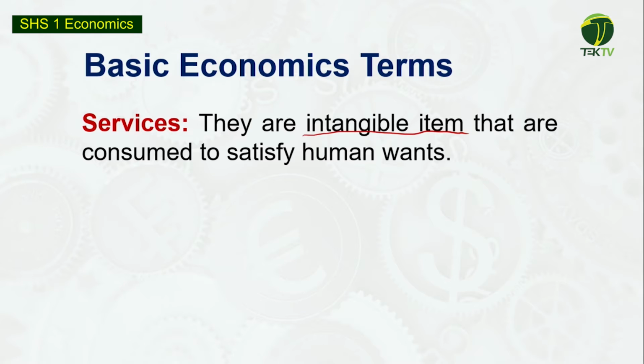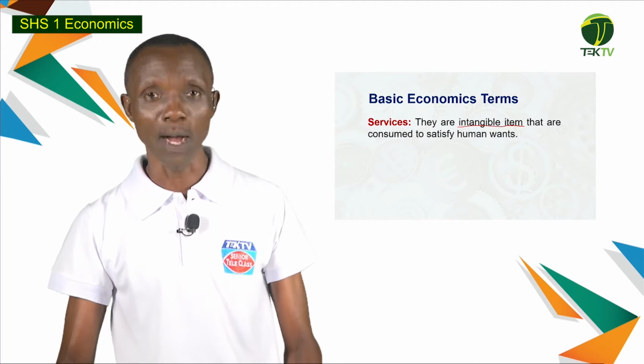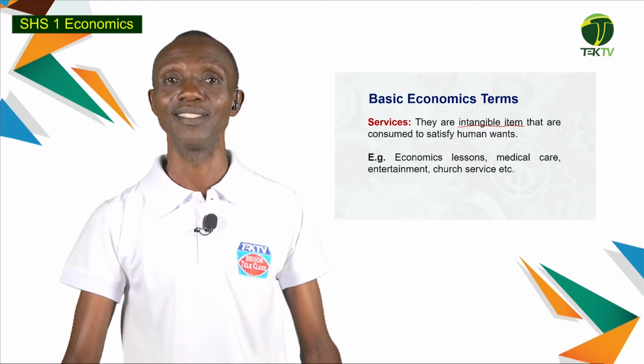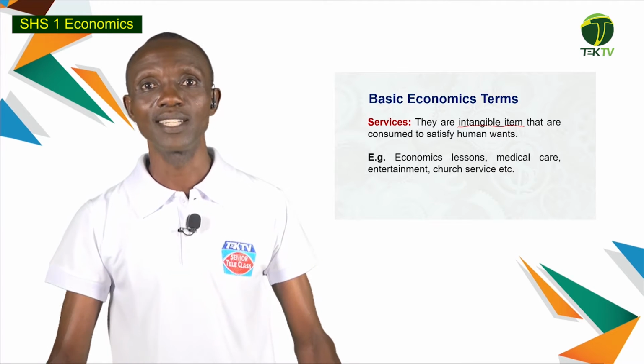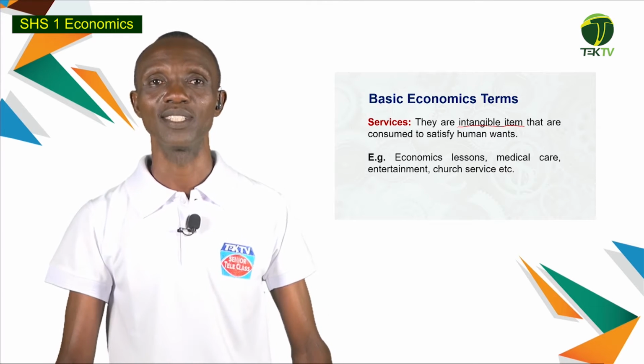They could be professional services, commercial services, and so on and so forth. And examples are economics lessons like you are enjoying. It's a service. Medical care, entertainment, church service, and so on and so forth.